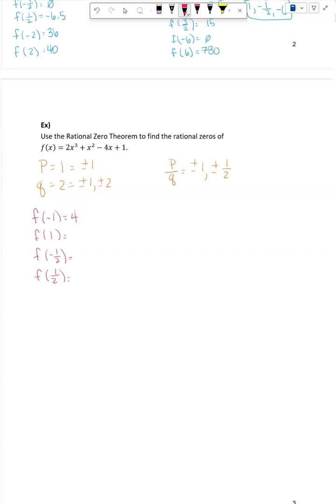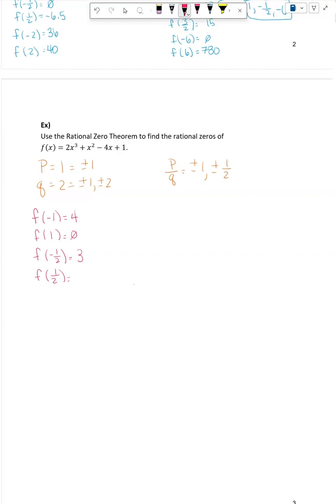Then I did 1, store X, enter, scrolled up, got my function, hit enter twice, and that gave me 0. I stored -1/2, X, enter, scrolled up, got my function, hit enter twice, and I got 3.